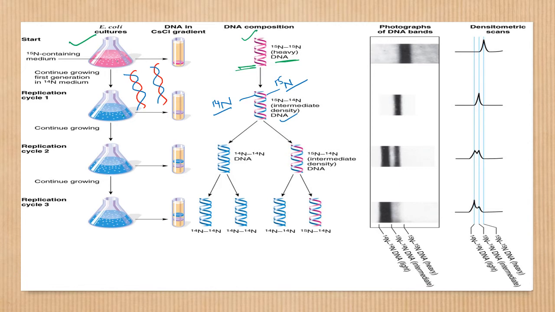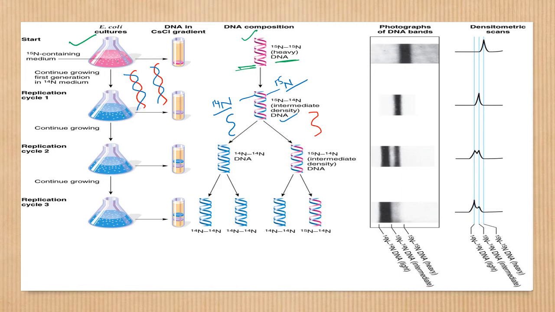Now this is the first generation, and in the next generation, again these two strands are separated, like this, and on this side as well. The medium is normal nitrogen only, so the second generation also continues in normal nitrogen.